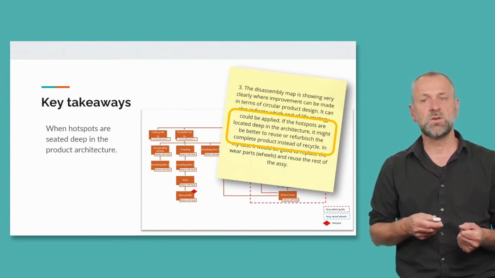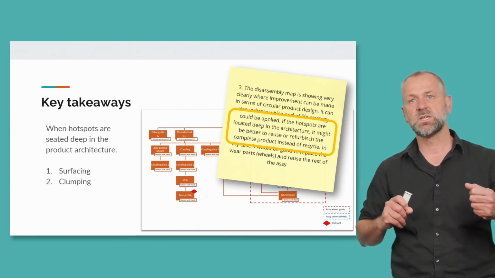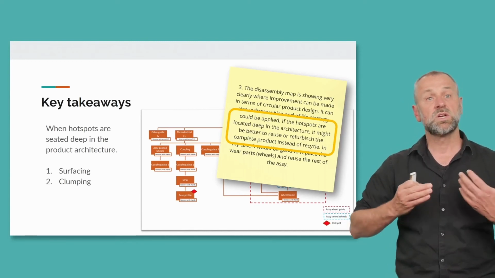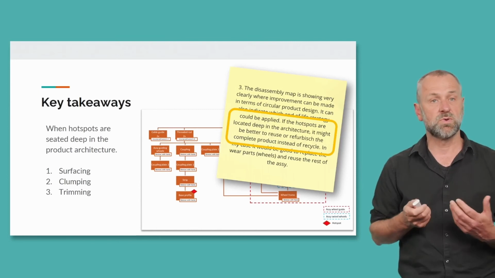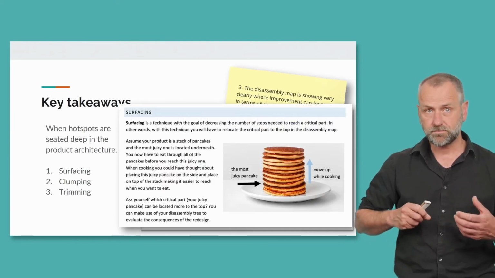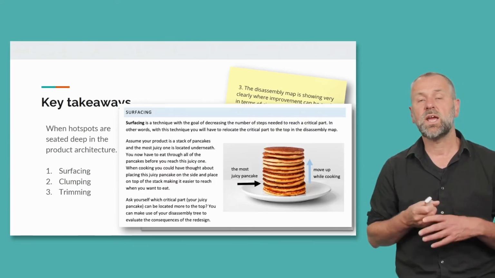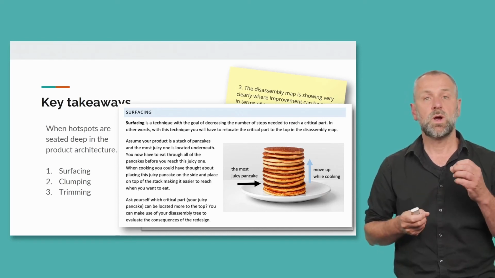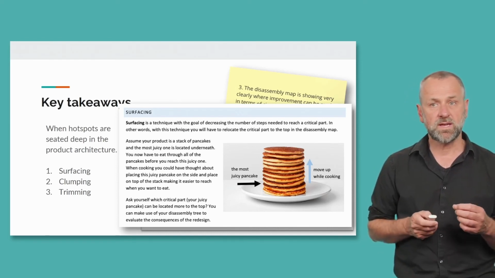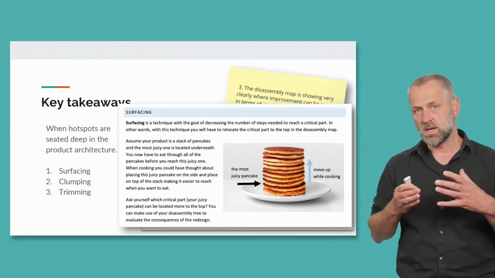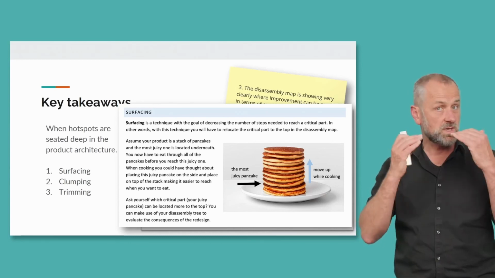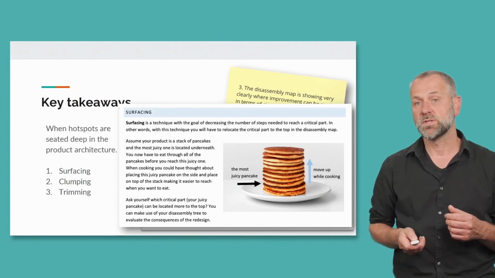You can make use of the three design strategies, surfacing, clumping and trimming, as described in the hotspot mapping manual. Over here you see an excerpt of this manual where we use the metaphor of pancakes and how to improve your product architecture by means of surfacing priority parts to the surface.